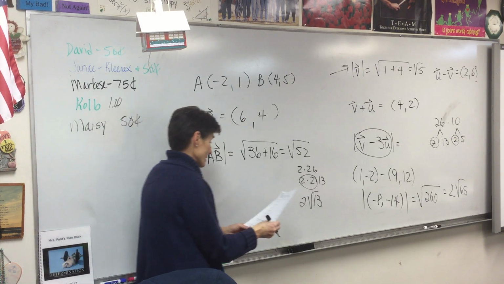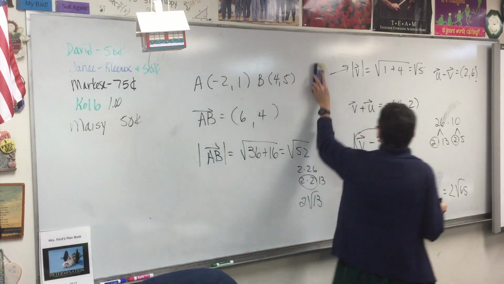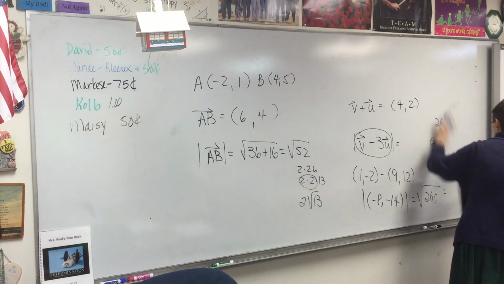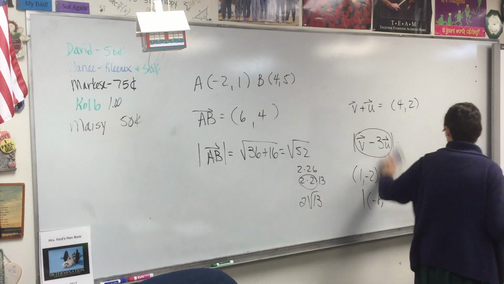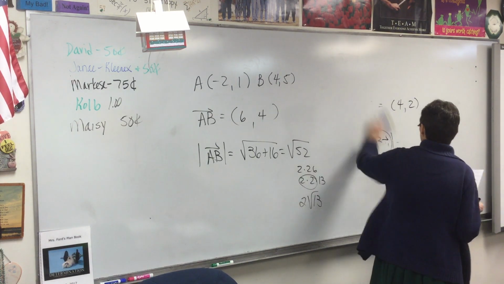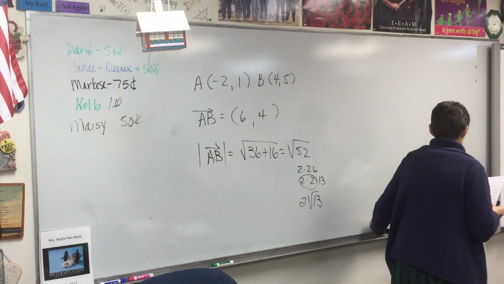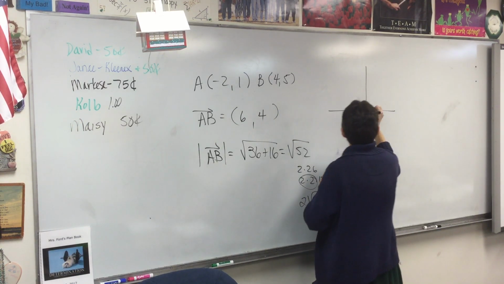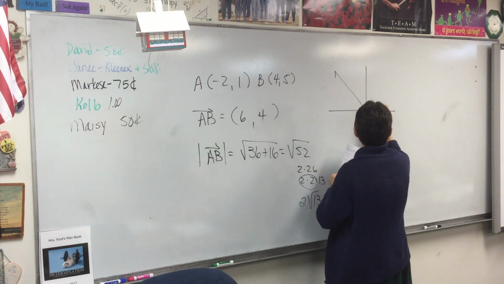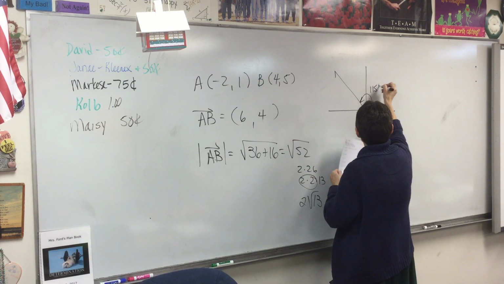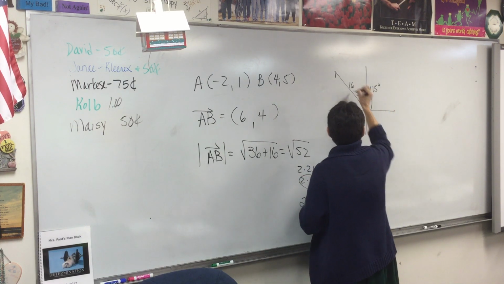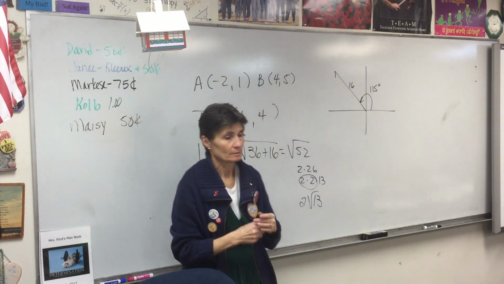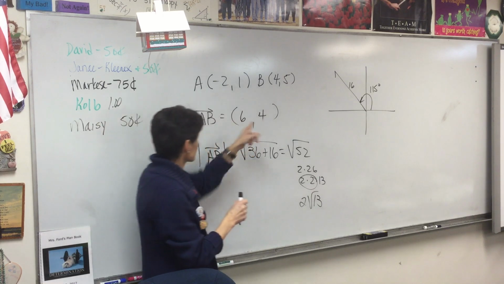All right, number 4 says do the same thing. Find the components of this vector. Only instead of giving you a starting point and an ending point, I do a picture. So when you've got a picture and it says find the components, what do we mean by components?